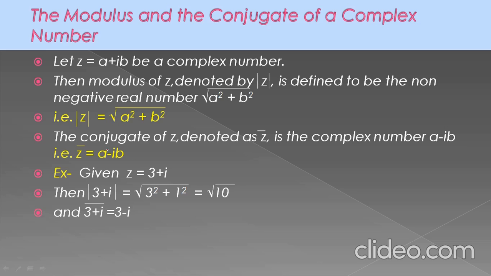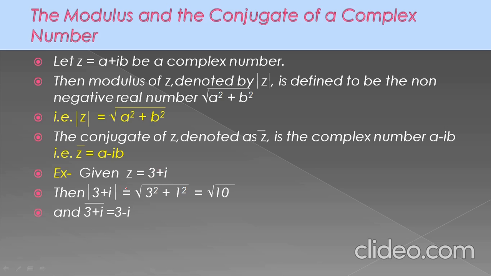If there is a plus sign in between, it will become minus, and if there is a minus sign already, then it will become plus. For example, given z equal to 3 plus iota, in order to find its modulus, we can see a is equal to 3 here and b is equal to 1.